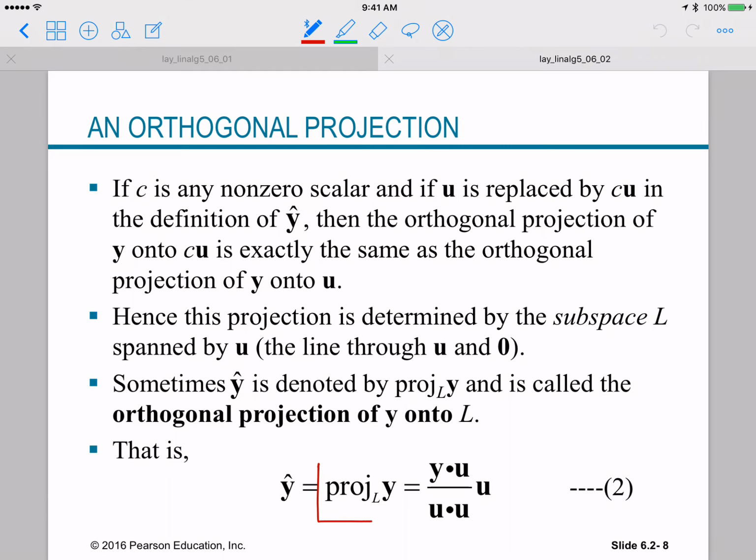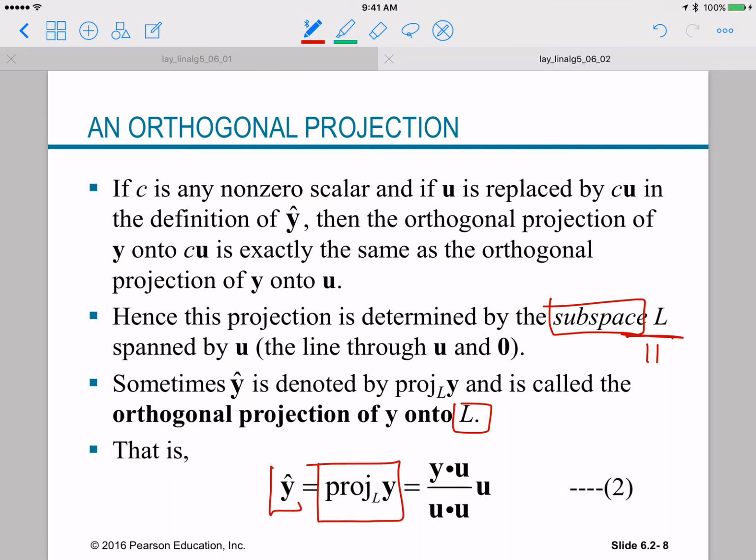And this has a special notation, the projection onto the subspace L of y. Here L is the subspace, and the subspace will have some orthogonal basis vectors, right?